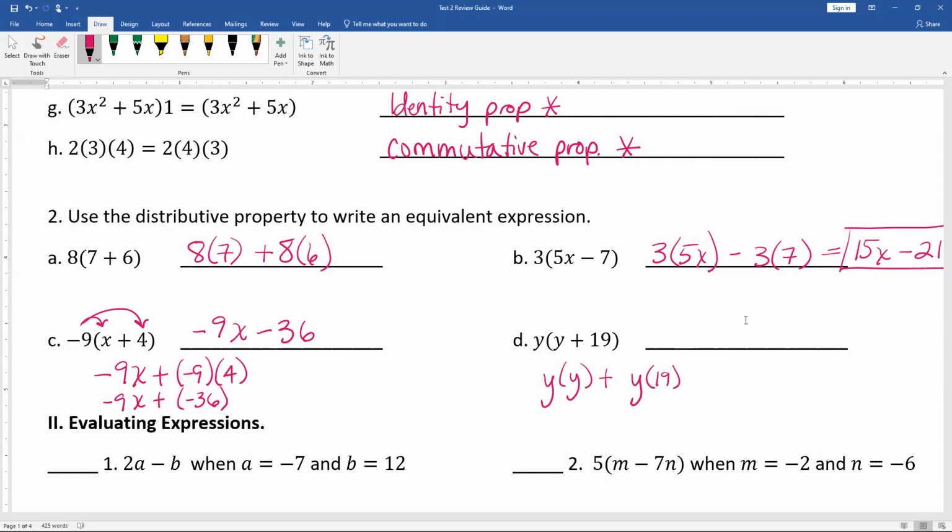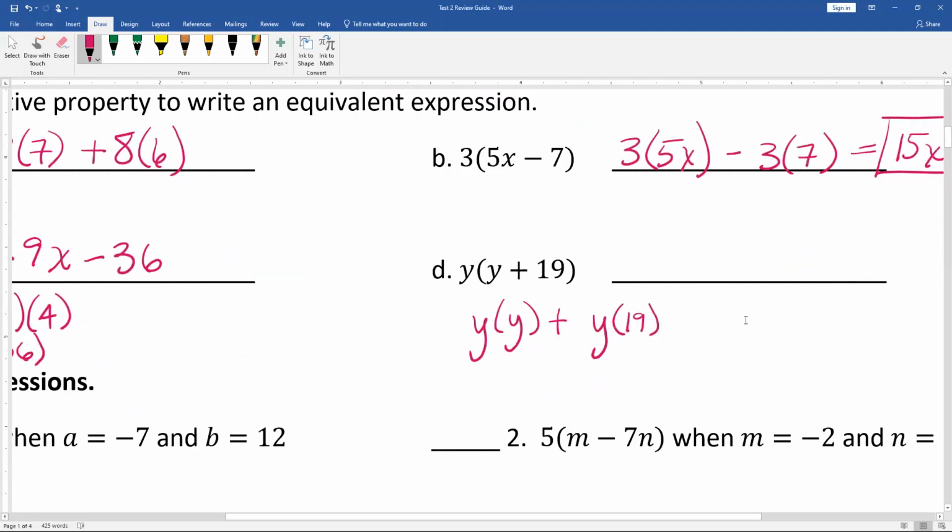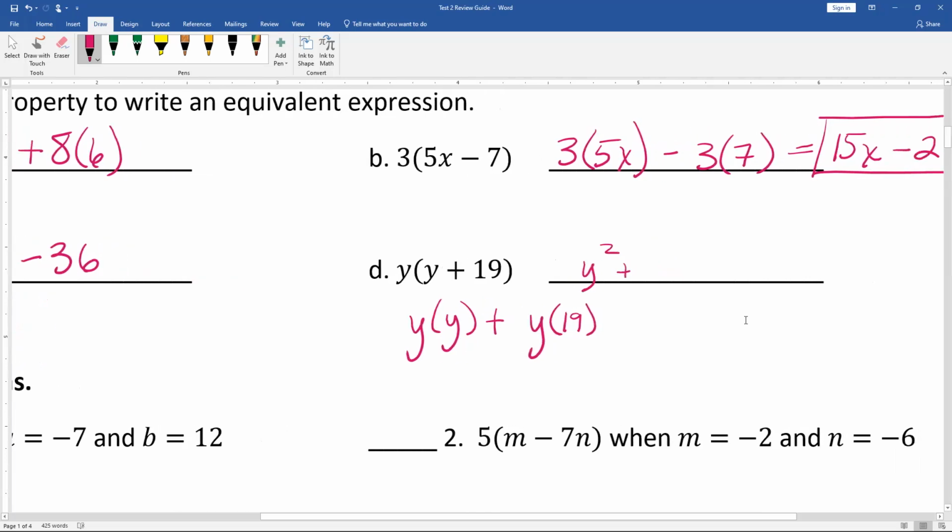All right, so make sure y'all are writing this as we go. So what is Y times Y, Zachary? Right, and what do we call an exponent of 2? Y squared. So anything times itself is that root number squared, in this case, the variable Y. And you've already stated that Y times 19 is 19Y. And so that's it.